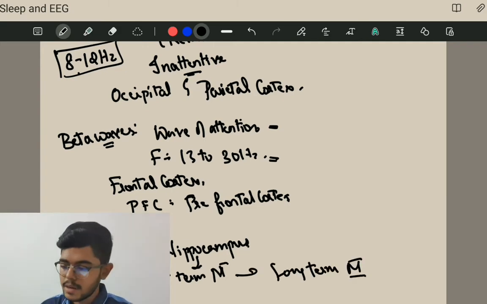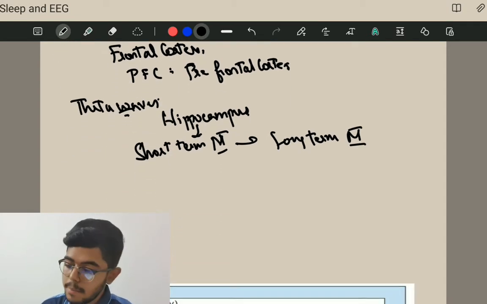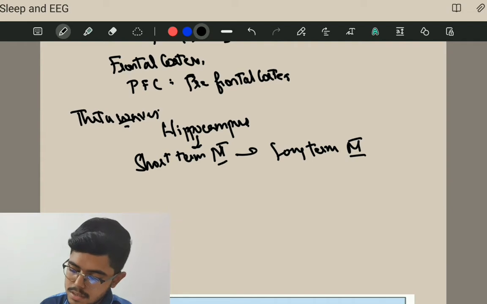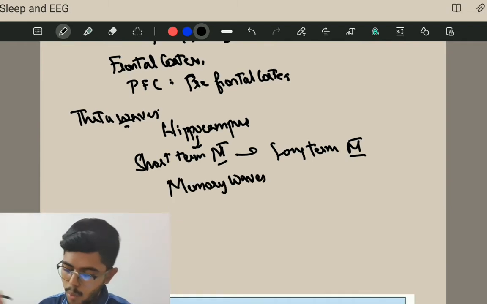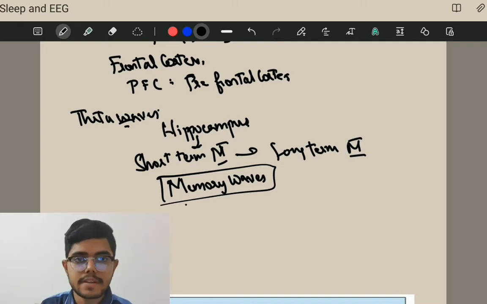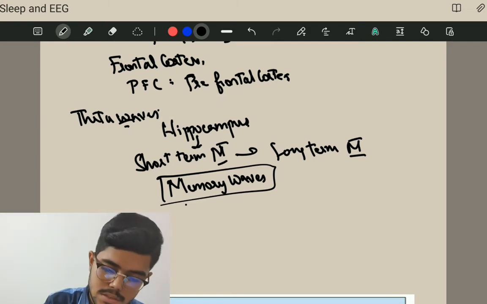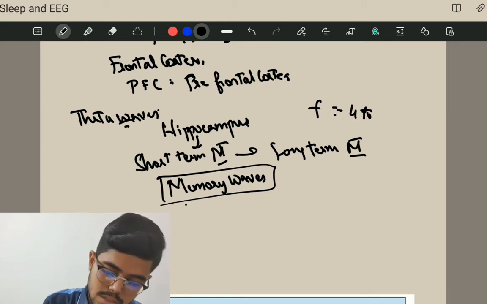Very important. We call these memory waves. Whatever I am saying must be registered in your brain. What is the frequency for this? It is about 4 to 7 hertz.